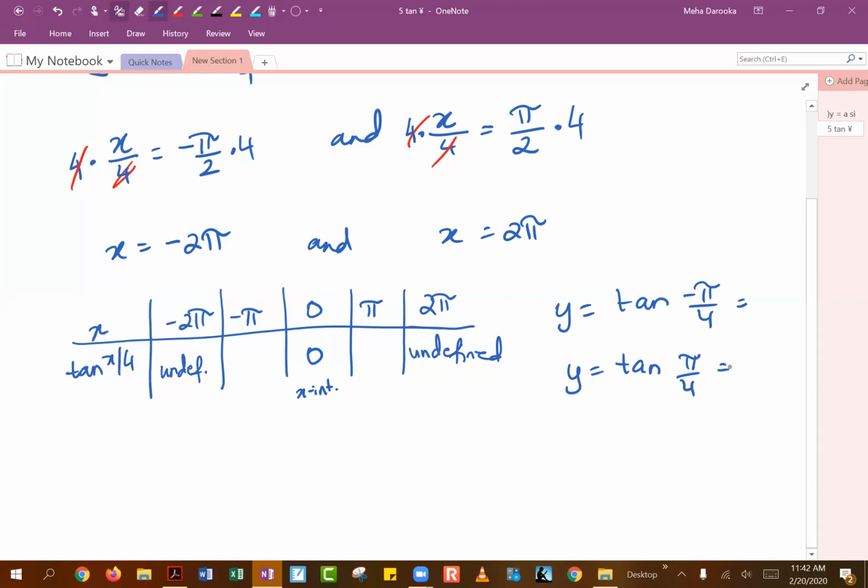You can obviously also use a unit circle to help you out. Undefined? No, because the only place tangent would be undefined is at, well, at what numbers? 2 pi and negative 2 pi. Well, that's for this function specifically. I'm just asking in general for tangent. Yeah, when cosine equals 0, so that actually happens at pi halves and 3 pi halves, right?